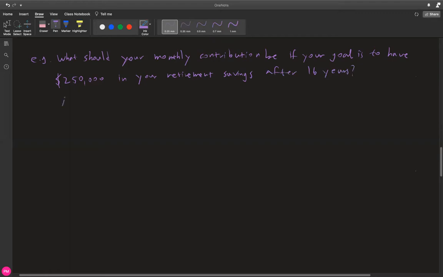So here, assume that APR is 5%, and the monthly contribution is made at the end of each month.